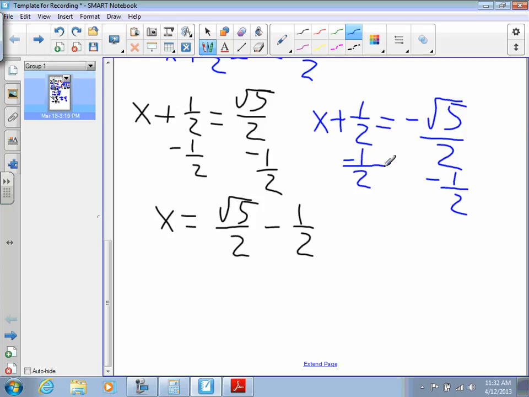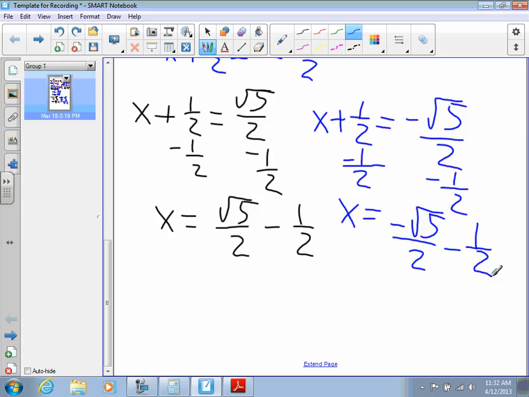And so that'll give me x equals, I'll write it in the same order, the negative square root of 5 over 2 minus 1/2. Okay.